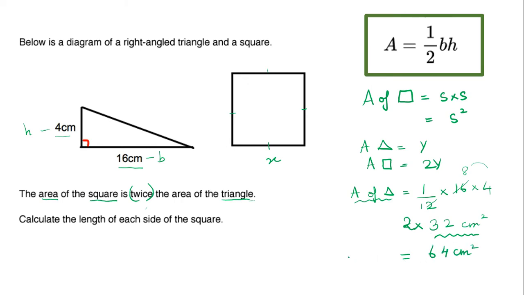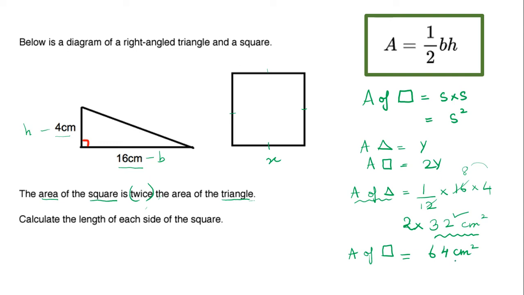Now this new area that I found is the area of my square, because, reread the question, the area of the square is twice the area of the triangle. So if the area of the triangle was 32, multiplying that with 2 gives me the area of my square, that is 64 centimeter squared.